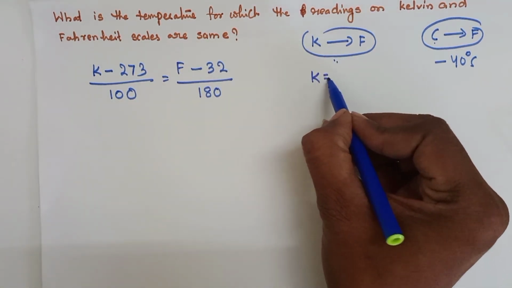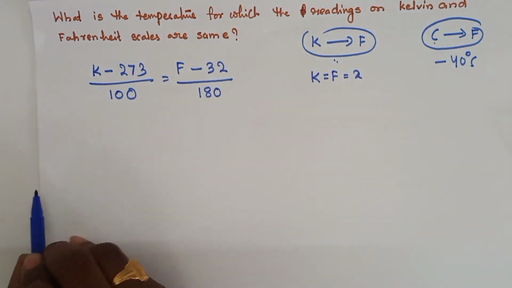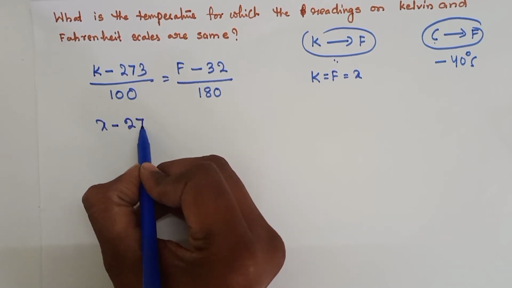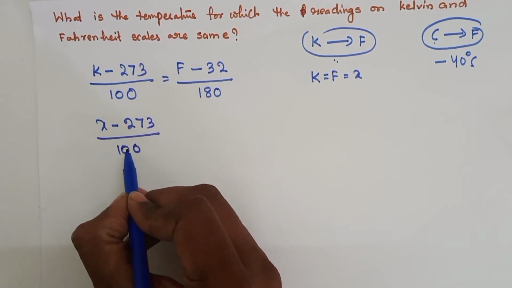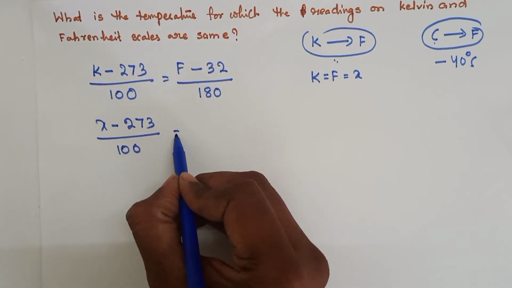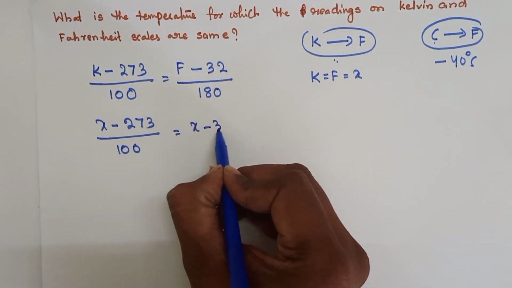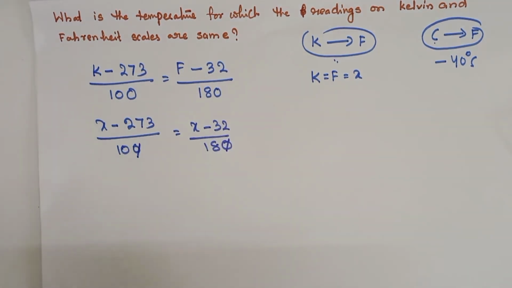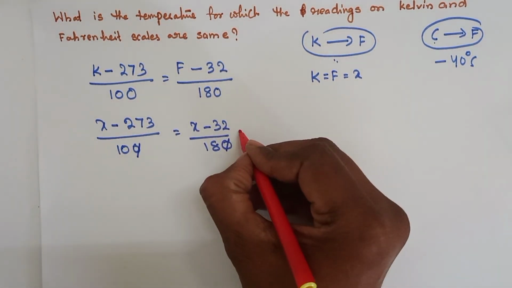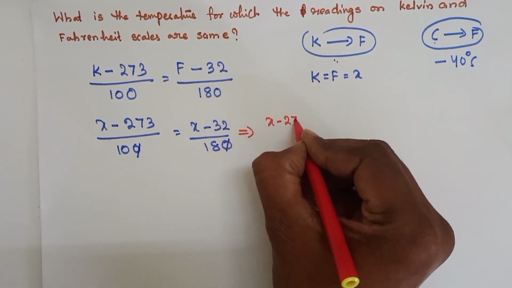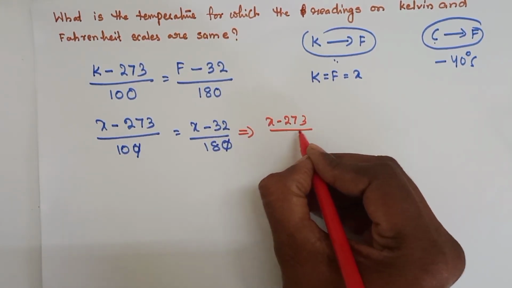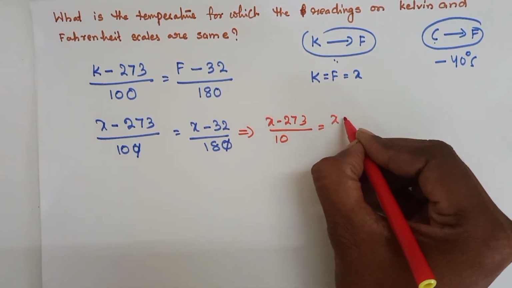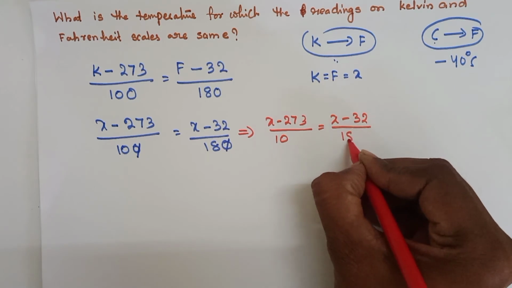Now both are the same. K equals F, let us say X. Now X minus 273 by 100 is equal to X minus 32 by 180. 100 gets cancelled: X minus 273 by 10 equals X minus 32 by 18.